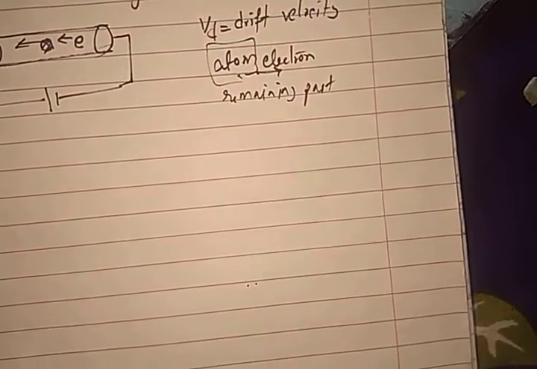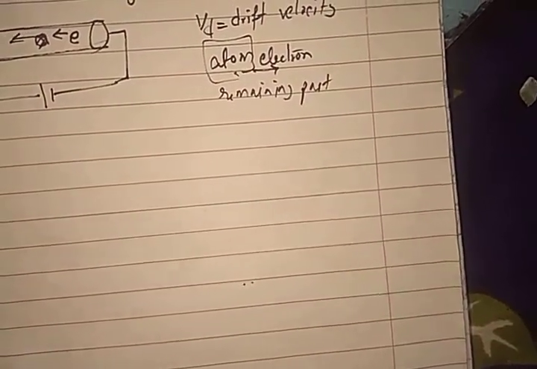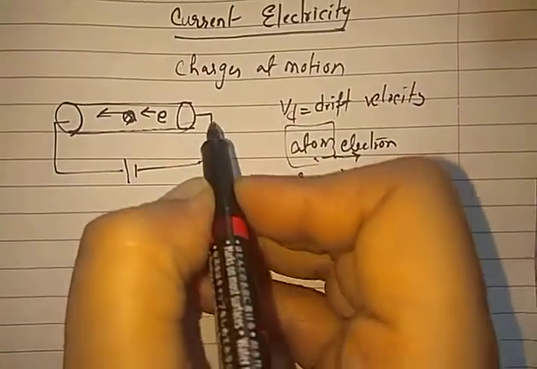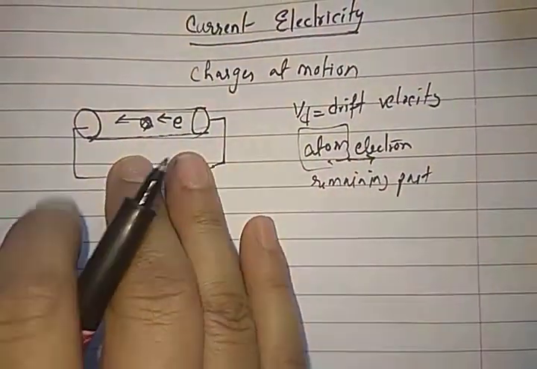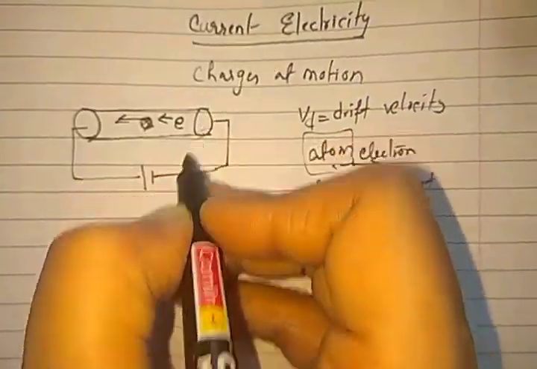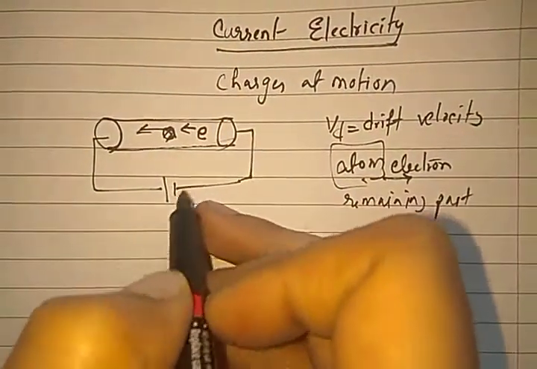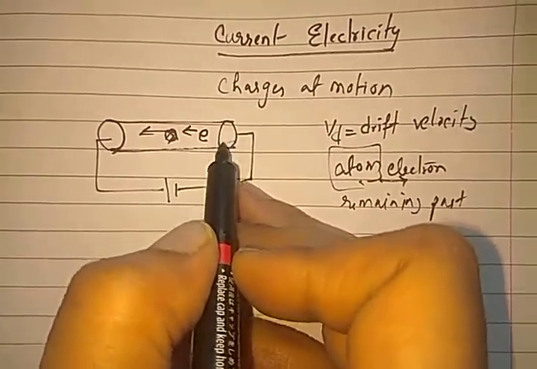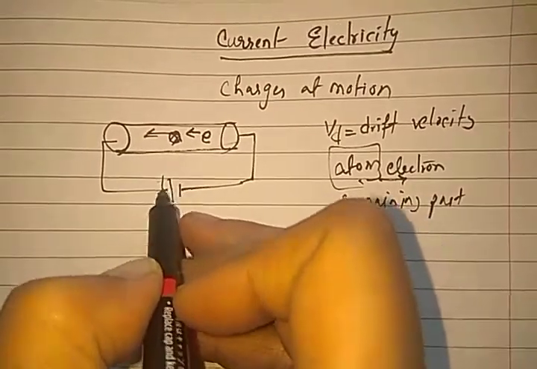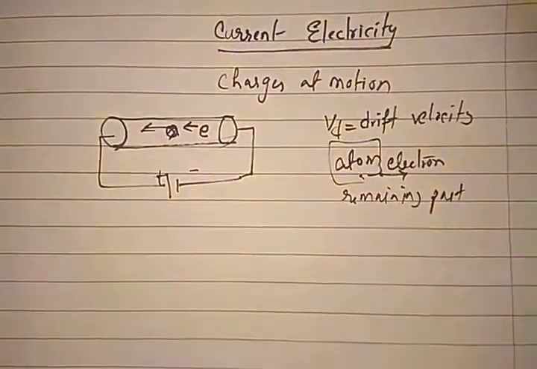What does the cell do? The cell stops the accumulation of charges. When the battery was not there, charge was getting accumulated. Now the battery is stopping the accumulation of charge.